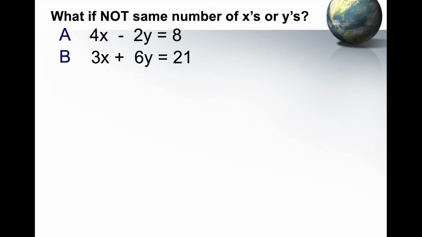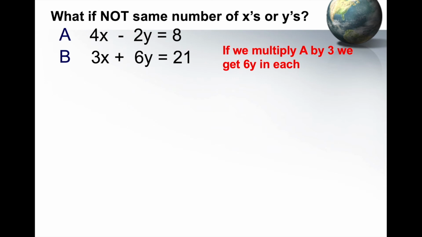In this case, it would be easier to eliminate y, because all you need to do is multiply this equation by 3. If you multiply equation A by 3, you will have both equations with 6y. Okay, I hope you can follow.